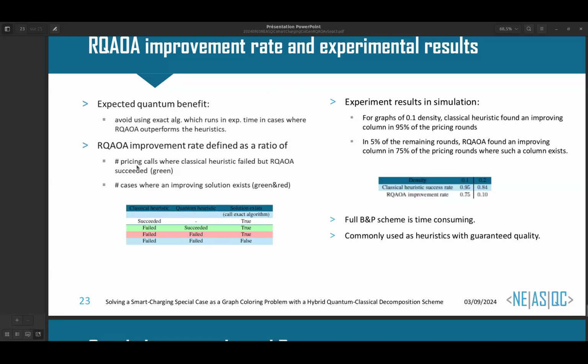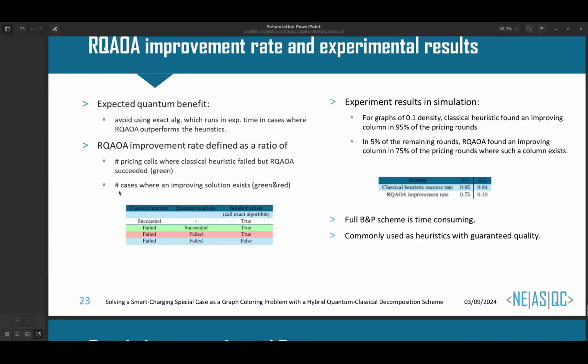First, we have the number of pricing calls where the heuristic failed, but RQAOA succeeded to find an improving column, so that would be the green.